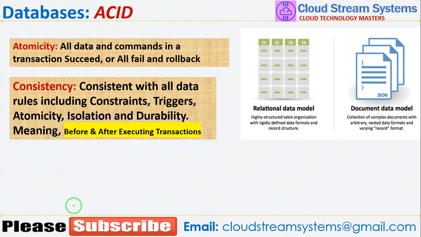Consistency. Let us suppose you are making a transfer to your friend. You initiated a transfer of $1,000 from your account to your friend's account. When you initiate a transfer, in the backend the $1,000 gets decreased from your account and added to your friend's account, in 2 or 3 steps.